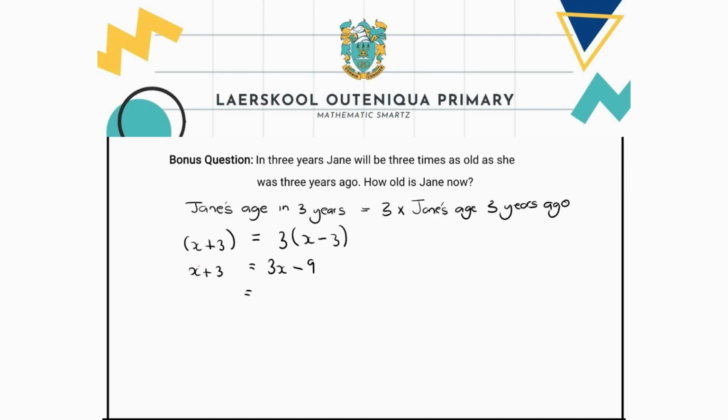We'll take the x to the other side and do the same with the 9. 3 plus 9 equals 3x minus x, which gives me 12 equals 2x. I then divide both sides by 2, which leaves me with x equals 6. Therefore, Jane is currently 6 years old. And this brings us to the end of Mathematics Smarts for Grade 7, Term 2.